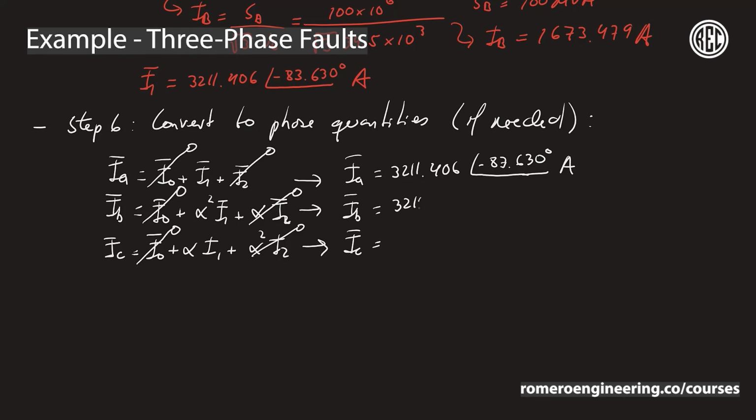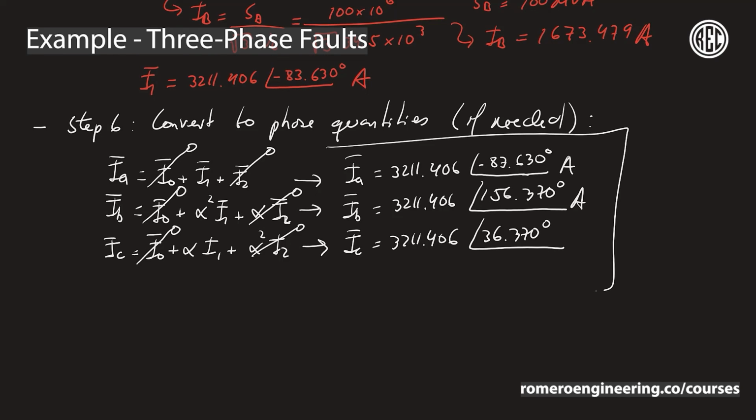So 3211.406, 3211.406, but they're going to be balanced of course, so they're going to be shifted by minus 120 degrees and plus 120 degrees. So for B phase we have an angle of 156.370 degrees, and for the C phase we have an angle of 36.37 degrees.